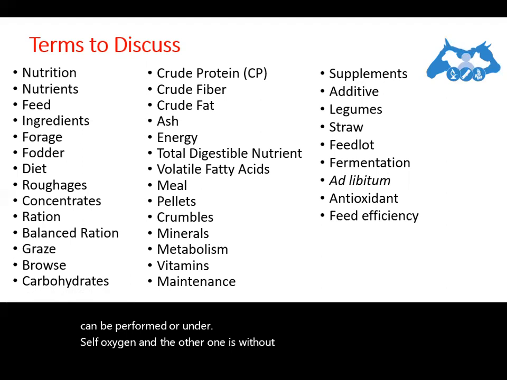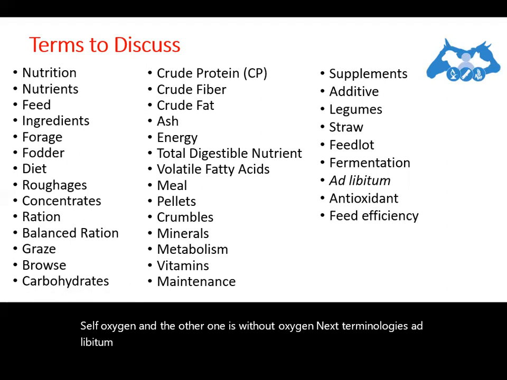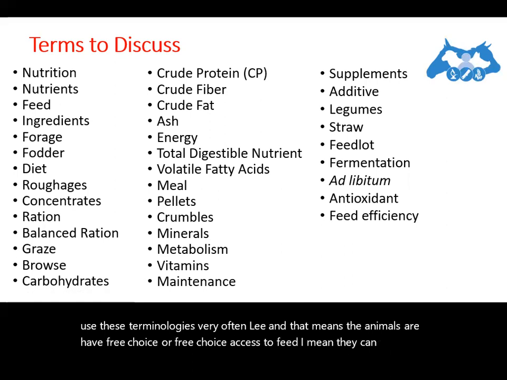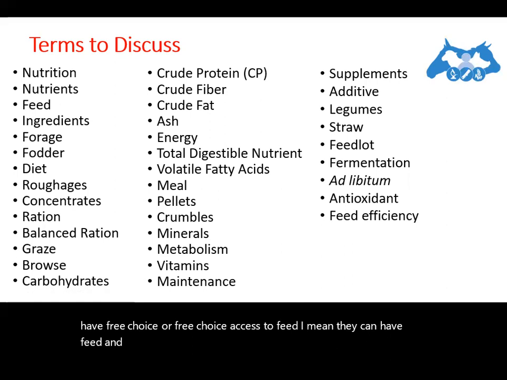Next terminology is ad libitum. In most of the animal nutrition experiments we use this terminology very often, and that means the animals have free choice access to feed. I mean, they can have feed and water till they feel full.